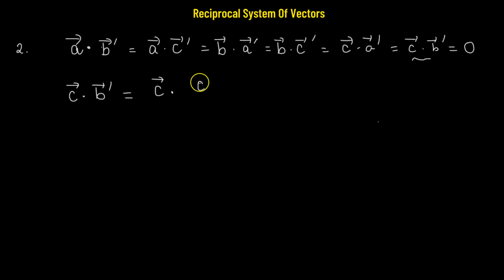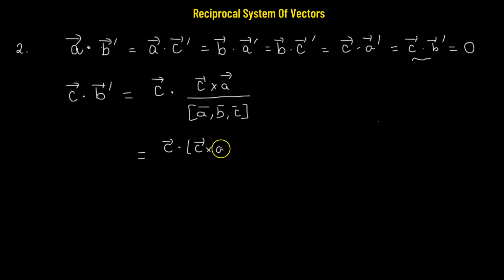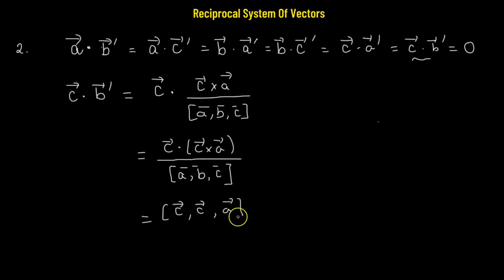That is given by vector C dotted to vector C cross A divided by the scalar triple product between the vectors A, B, and C. By definition, this is equal to the scalar triple product of the vectors C, C, and A divided by the scalar triple product of the vectors A, B, and C. Now if we consider the numerator, since we have two vectors that are exactly equal, which is the vector C, the scalar triple product is going to be equal to 0.